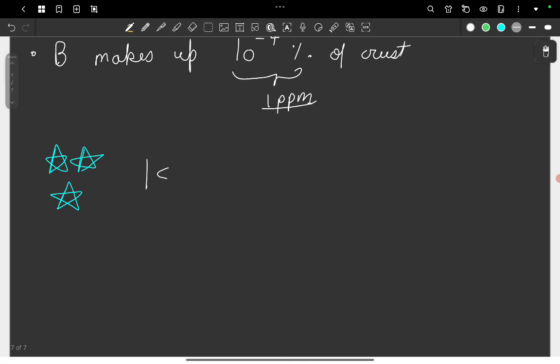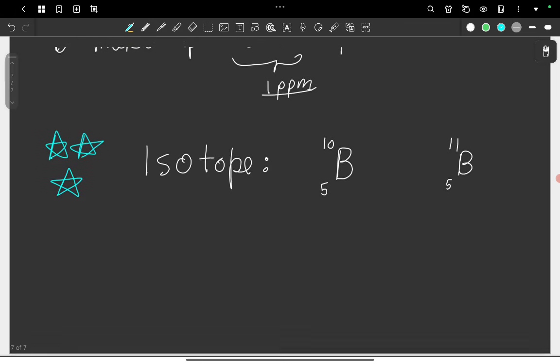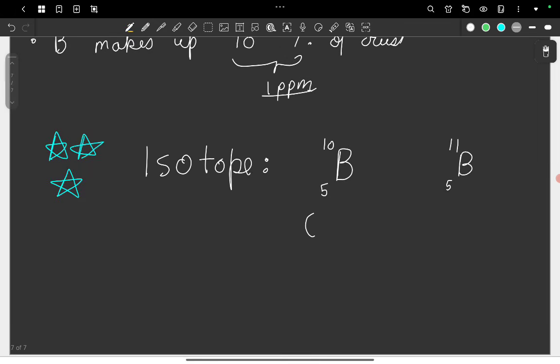But boron has two isotopes. Which isotopes? Well, boron with atomic number 5 and mass 10, and boron with atomic number 5 and mass 11. Alright, these are your two isotopes, and this exists in 19% of the total boron present on Earth, and this is 81% of the total boron present on Earth.